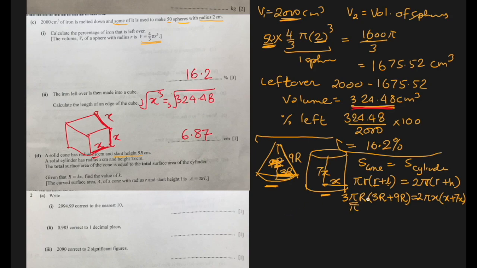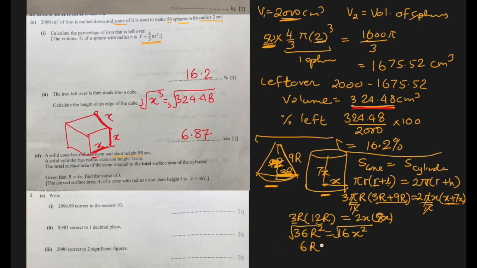First of all, let's divide both sides by pi, so that this pi is gone from both sides. 3r times 12r equal to 2x times 7x. Not 7, 1 plus 7 plus 1, 8x. So 12 times 3, 36 r square equal to 16 x square. Square root both sides so that we get just r and x, because they want r equal to kx.